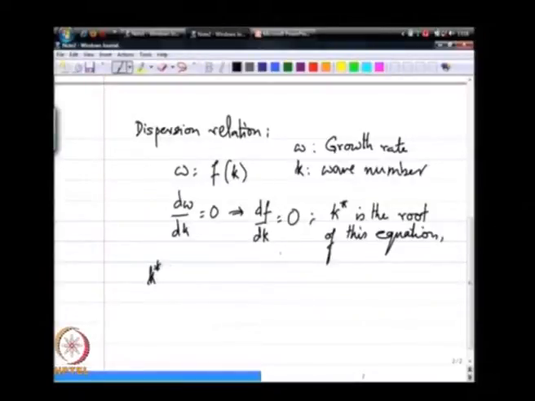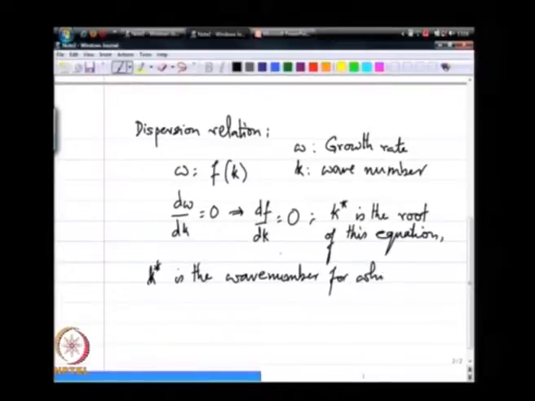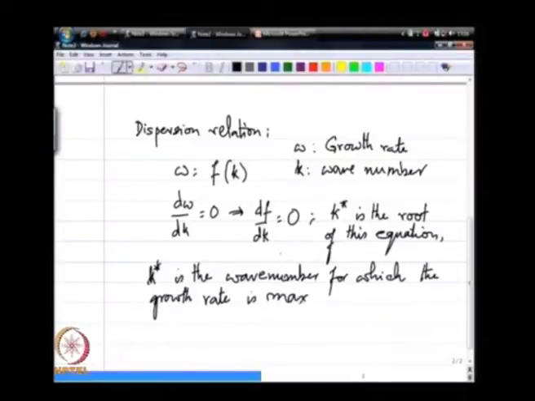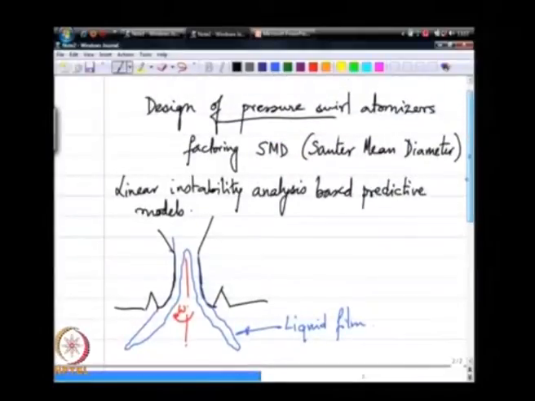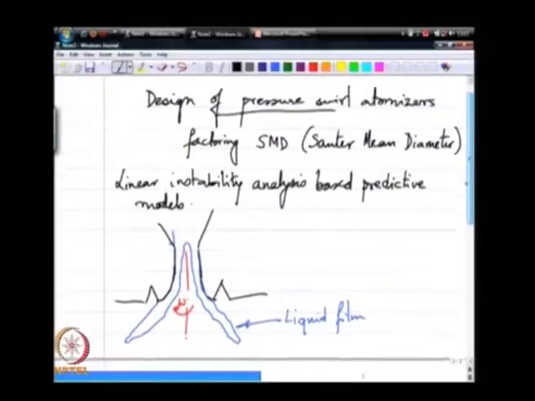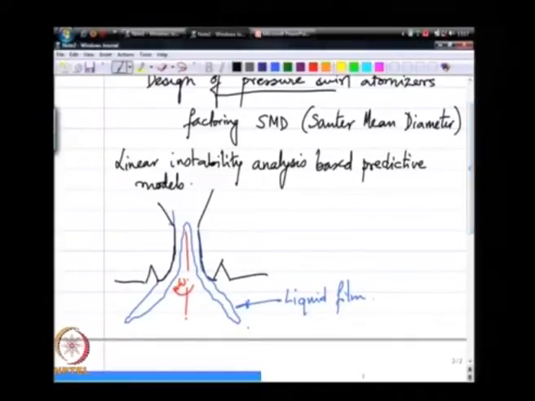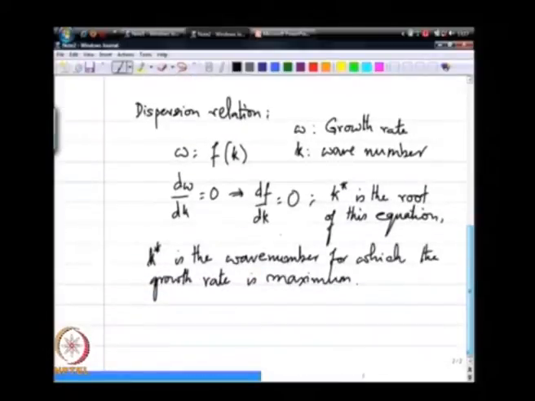This k star is the wave number for which the growth rate is maximum, which means that in a very short distance away from the nozzle, that particular wave number is going to dominate the structures, the fluid structures in the liquid sheet or in the liquid film.